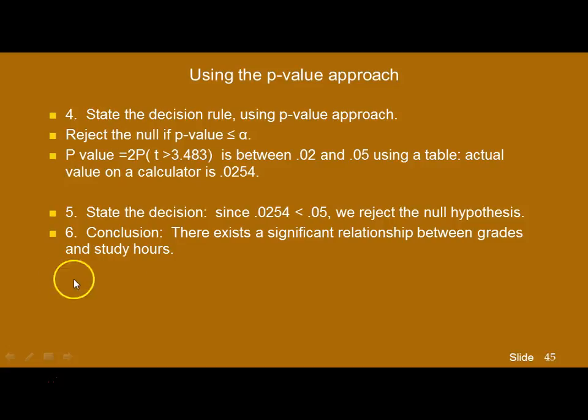Again, if you're using a table, you'll just have to approximate or estimate in the table. The best you can do with the table is say it's somewhere between 0.02 and 0.05. Doing it on a calculator, you'll get 0.0254 as the p-value. Your decision, as before, since the p-value is less than alpha, we reject the null. And by rejecting the null, we are again concluding that there is a significant relationship between these two variables.